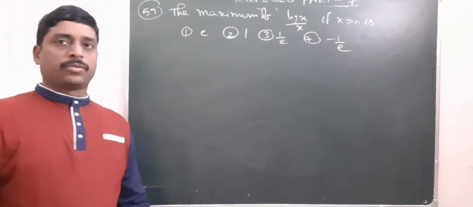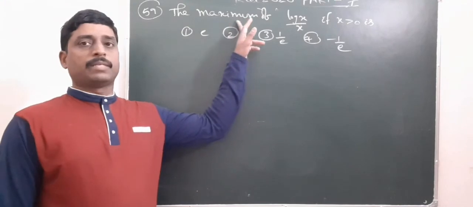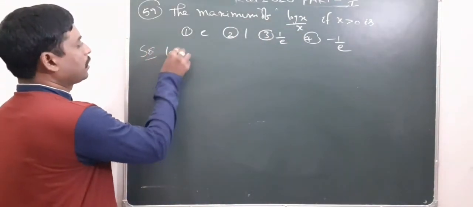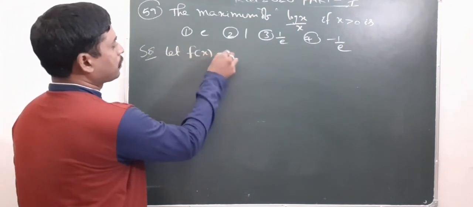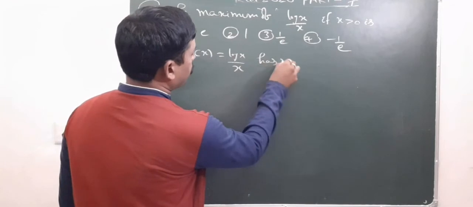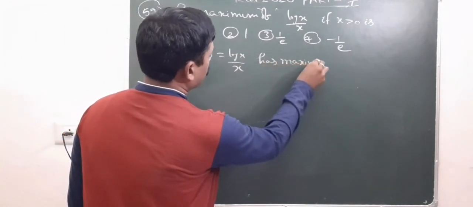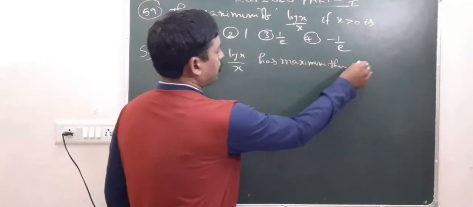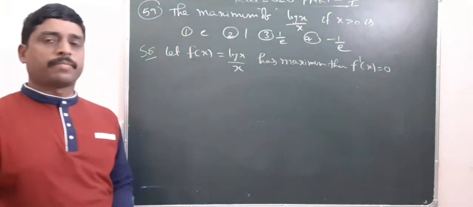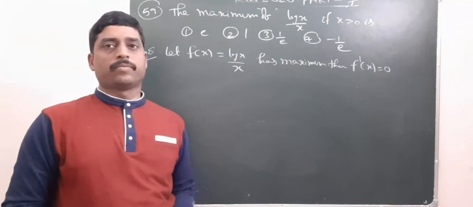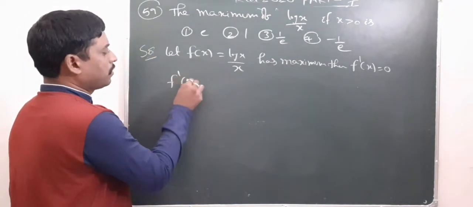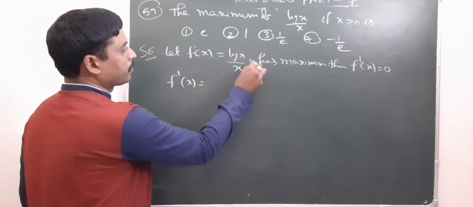Next I am going to explain question number 59. The maximum value of log x by x. Let us take f of x is equal to log x by x. Suppose log x by x has a maximum value, then f dash x is equal to 0. If f of x has a maximum or minimum, then the first derivative will be 0. So f dash x, by using the u by v formula.